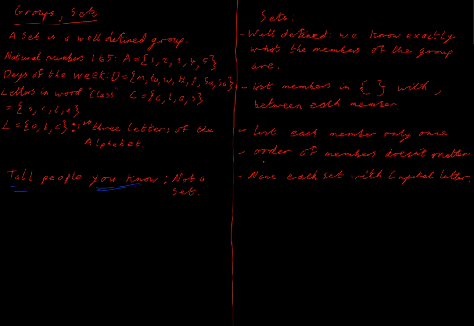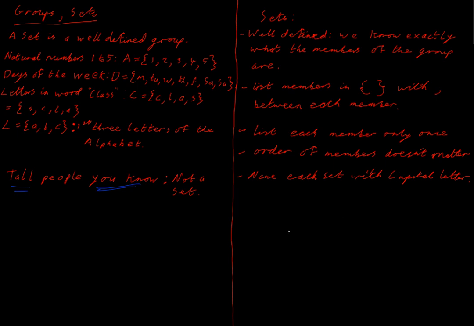The order of our members does not matter, so the set CLAS is considered the same as the set SCLA. And we are going to give a name to all of our sets with a capital letter, just like if we were writing the name of a person.